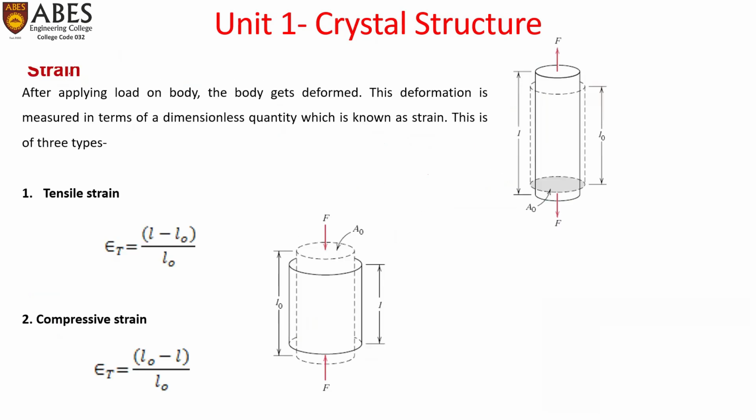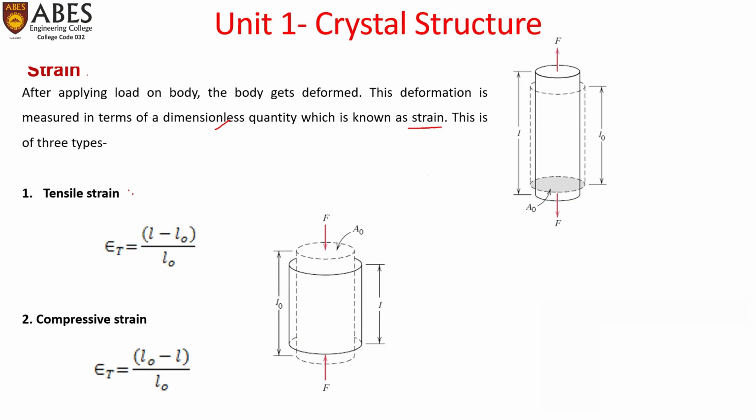Now coming on to strain, after applying load on a body, the body gets deformed. This deformation is measured in terms of a dimensionless quantity, which is known as strain. This is of three types.